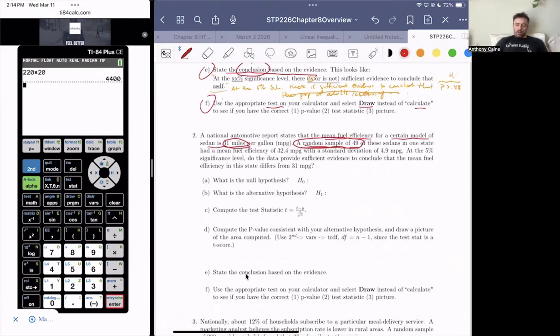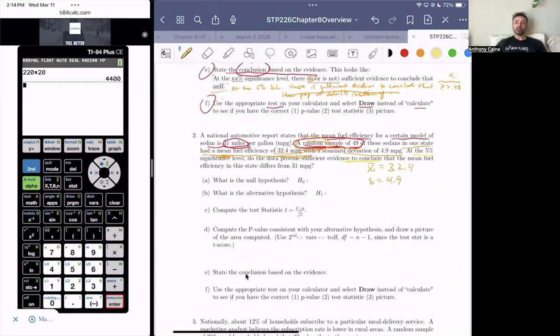All right, so we do this sample, and in one state had a mean fuel efficiency. Okay, so this is a sample, and in the sample, there was a mean. So we have an X bar now. It's 32.4. In the sample, there is a standard deviation, S. It's 4.9. Okay. At the 5% significance level, do the data provide sufficient evidence to conclude that?